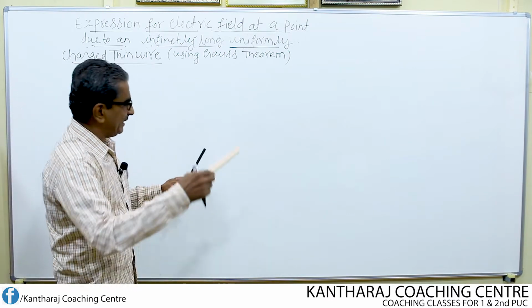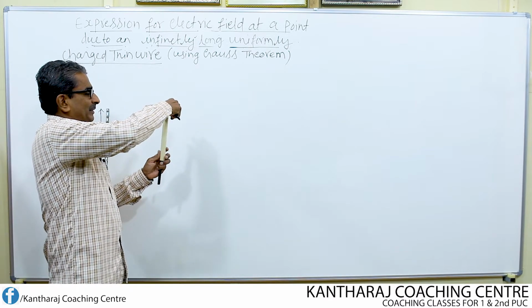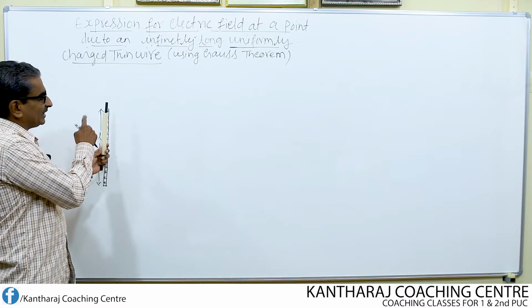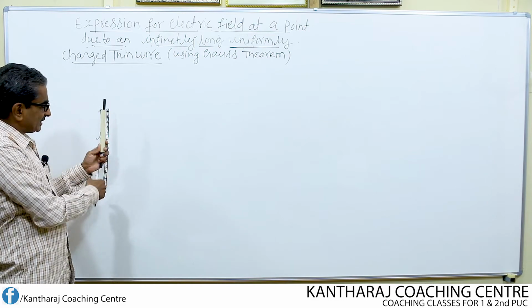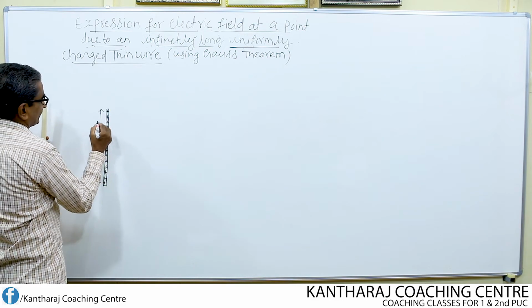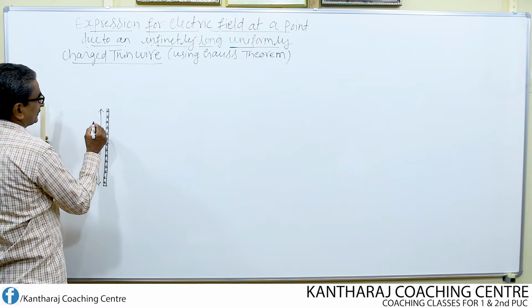As an example, I imagine this pipe itself as a Gaussian surface, which is cylindrical in shape. This is the conductor and this is the Gaussian surface. Let us draw that Gaussian surface now.